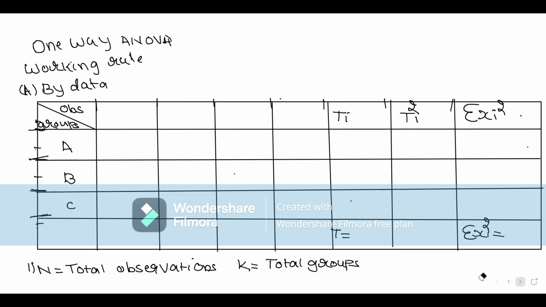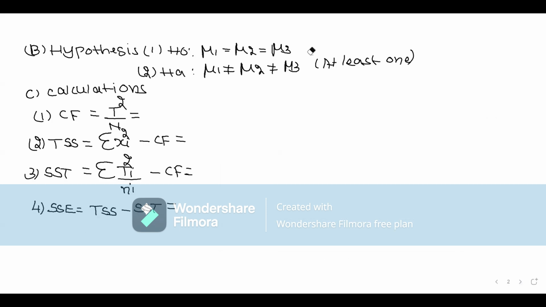Then mu1 equals mu2 equals mu3 equals mu4. Then the alternate hypothesis is the reverse, the opposite of this. It is not equal. At least one. All the 3 may not be equal; at least one may be unequal. Okay, that is the meaning.